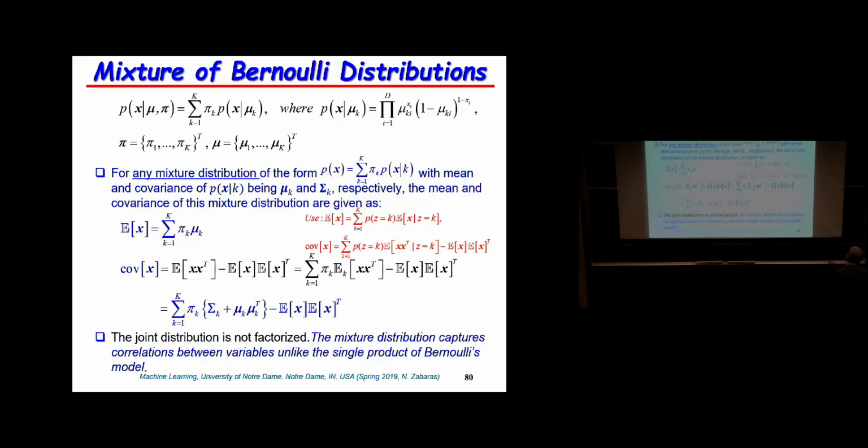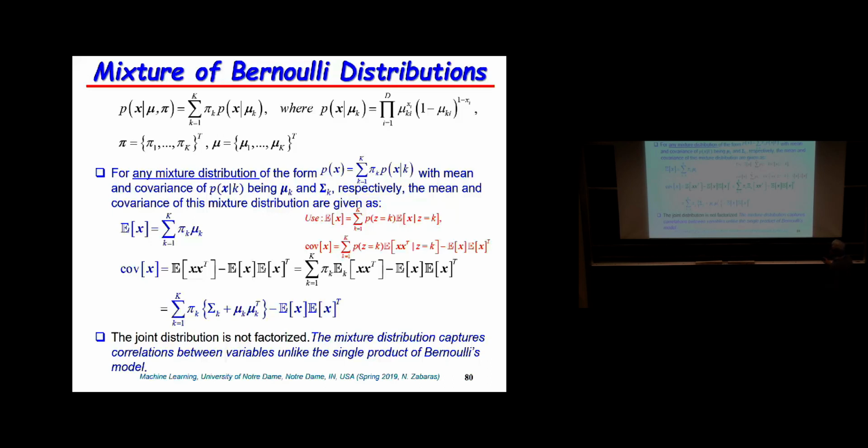So the expectation of x is the sum over k of the expectation of x given k times the probability of k. You remember this from the basic probability rule? I can do the same thing with x transpose and write the covariance of x as the expectation of x x transpose, approximated like this, minus the expectation of x times the expectation of x transpose.